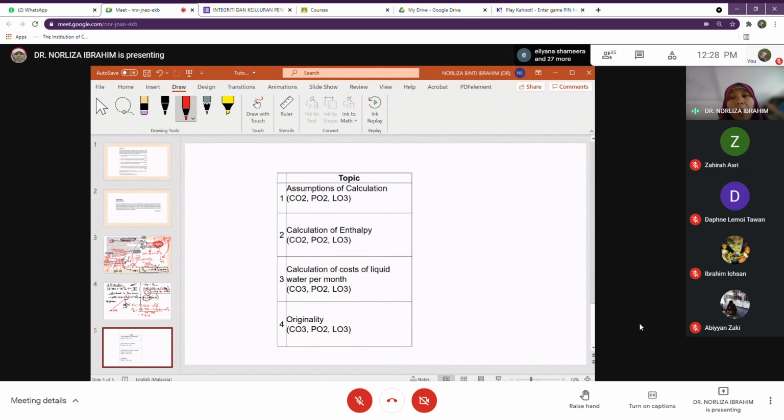For your assignment 1, the last question, question number 5, I will give you marks according to the rubric. The rubric has a general topic. For assignment 1, you are required to prepare the question and then prepare the solution.